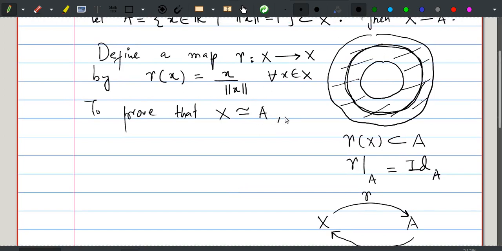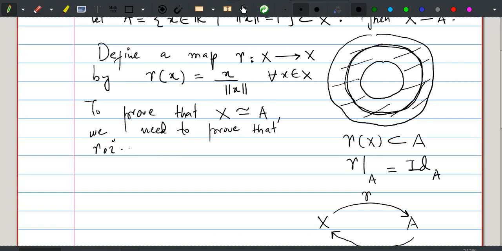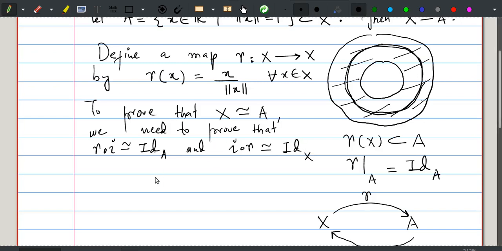So we need to prove that R composite with I is homotopic to the identity map on A, and I composite with R is homotopic to the identity map on this space X.